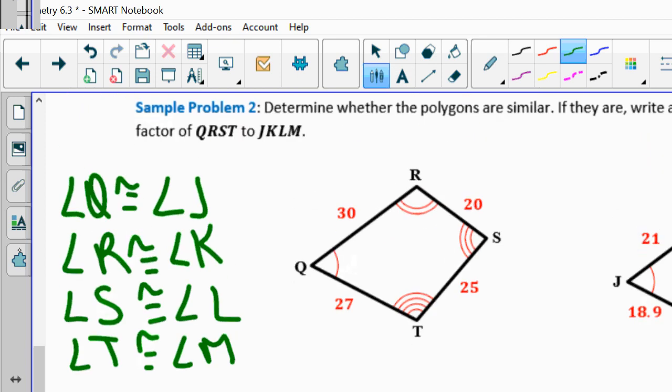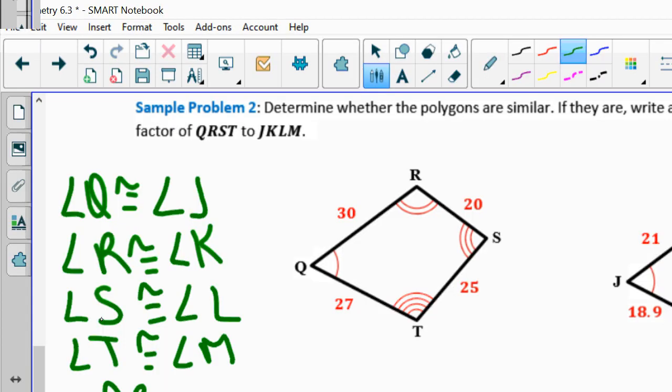So I need to check, is QR over JK equal to RS over KL equal to ST over LM equal to QT over JM. I need to see if all of these have the same ratio. So we'll just start with the first one. QR, so 30 over JK, which is 21.